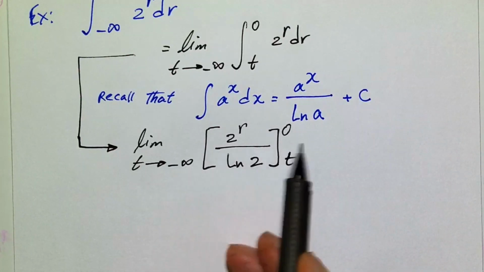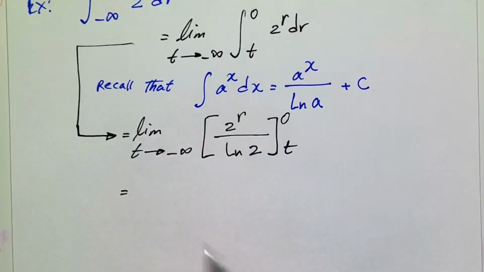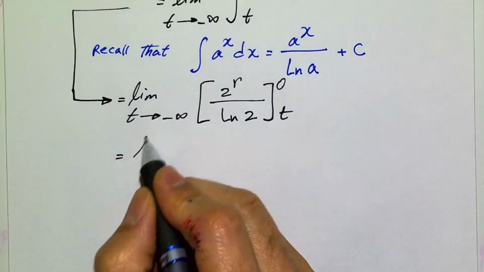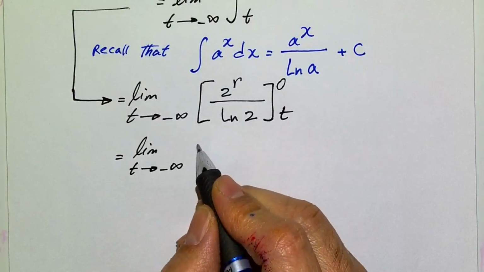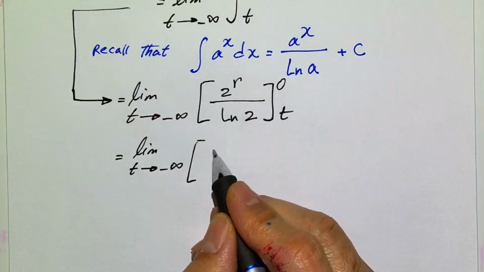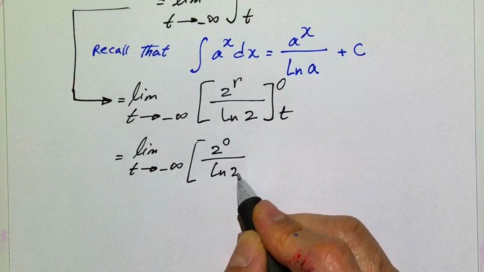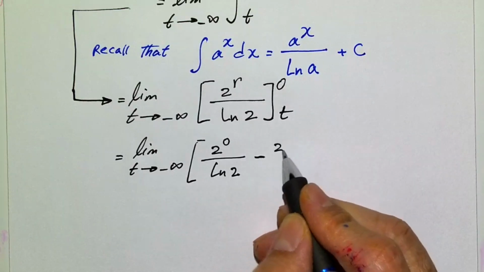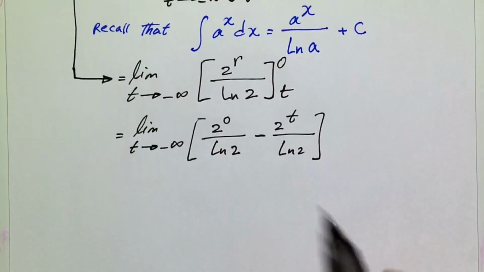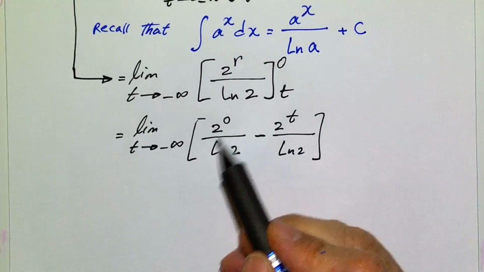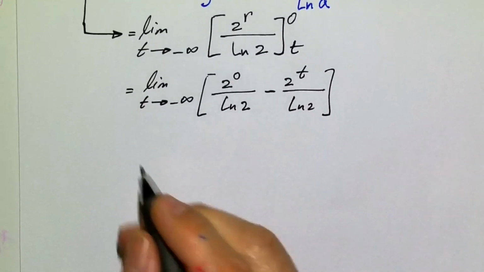Okay, so let's evaluate this quantity. We have the limit as t goes to negative infinity of 2 to the 0 divided by natural log of 2 minus 2 to the t power divided by natural log of 2. So of course this is 1.